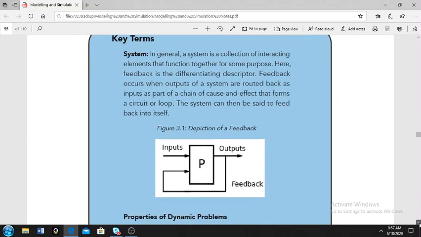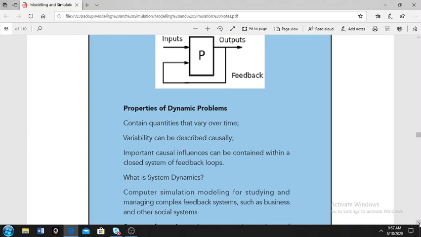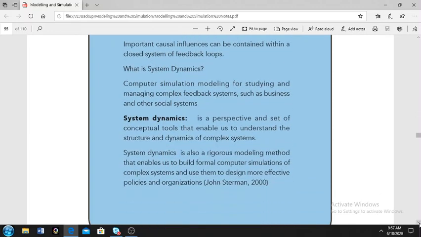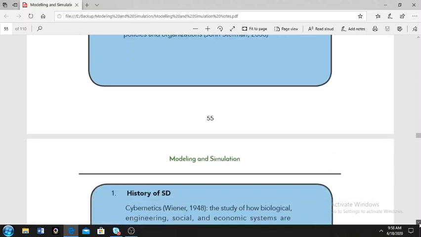So now, what is system dynamics? System dynamics is a perspective and set of conceptual tools that enable us to understand the structure and dynamics of complex systems. System dynamics is also a rigorous modeling method that enables us to build formal computer simulations of complex systems and use them to design more effective policies and organizations.